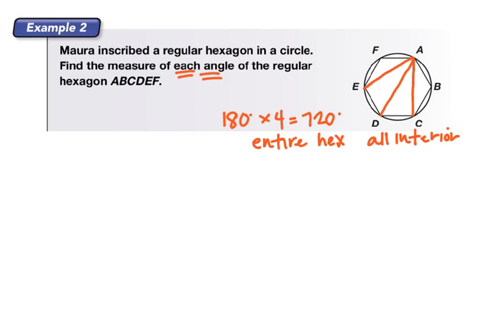of the hexagon. Well, we know that this is a regular hexagon. And with regular hexagons, if you remember, all sides are equal, but also all angles are equal.